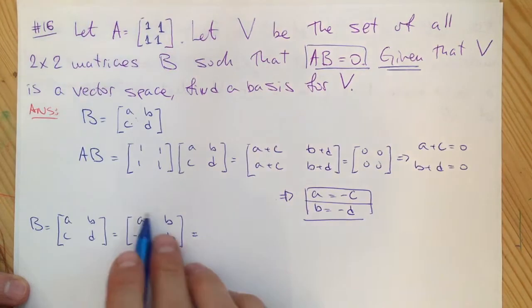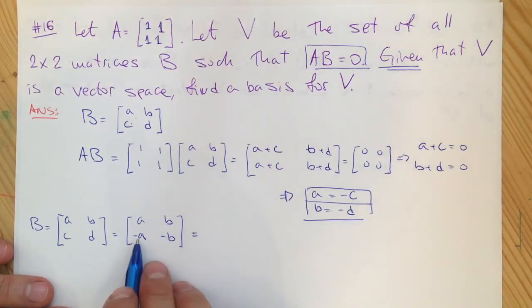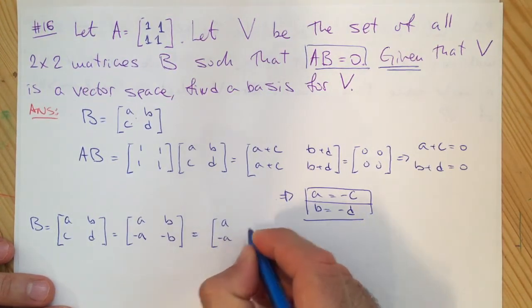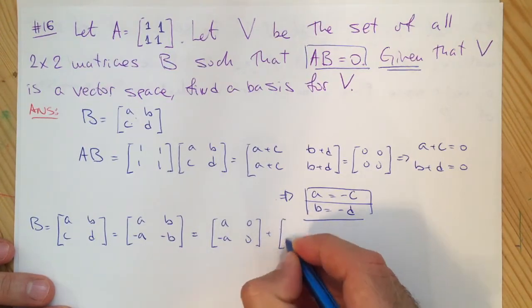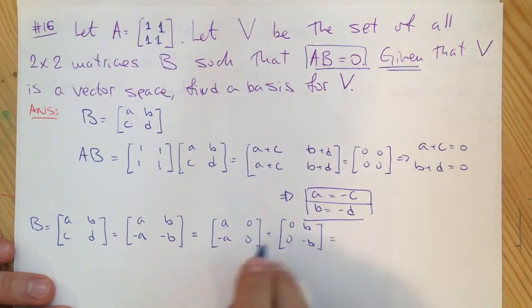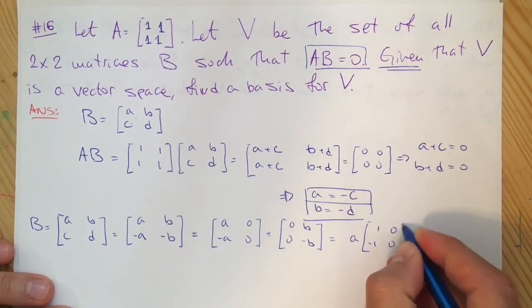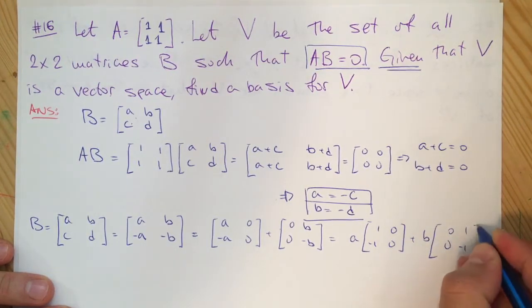And now we're going to express this as a sum of matrices only depending on a and only depending on b. So this is going to be a, b, negative a, negative b. Factor out a and b: a times 1, 0, negative 1, 0, plus b times 0, 1, 0, negative 1.